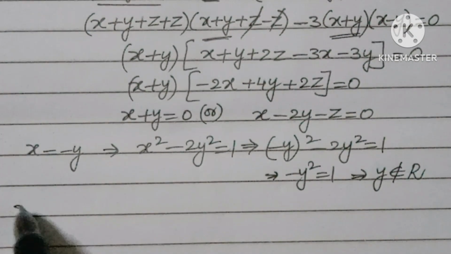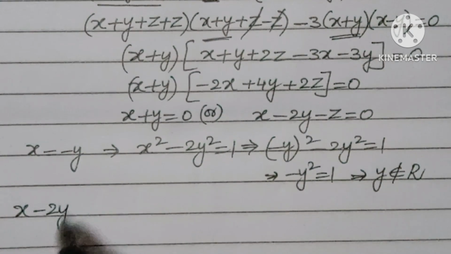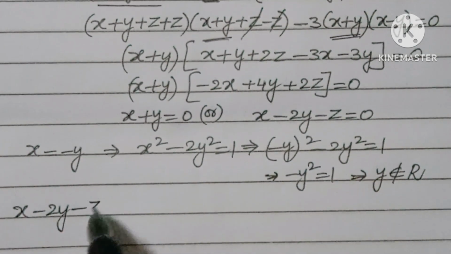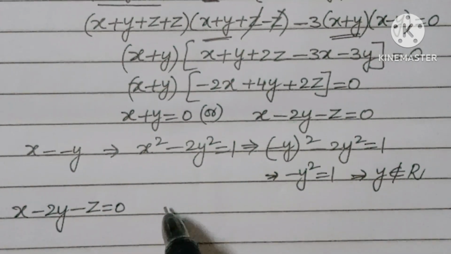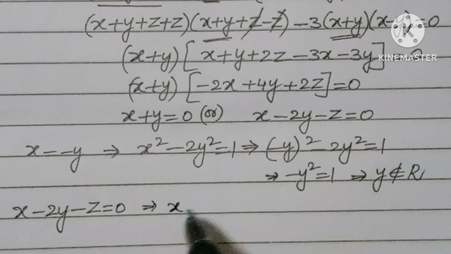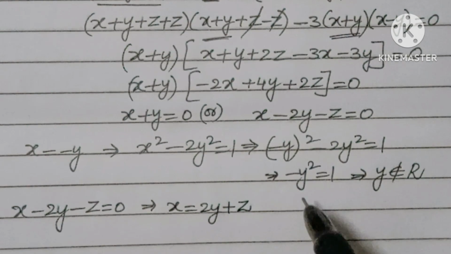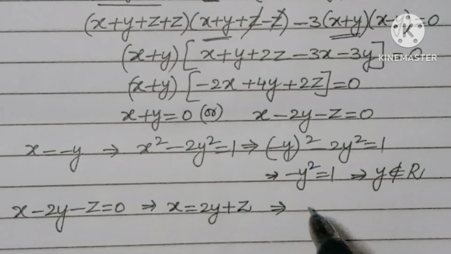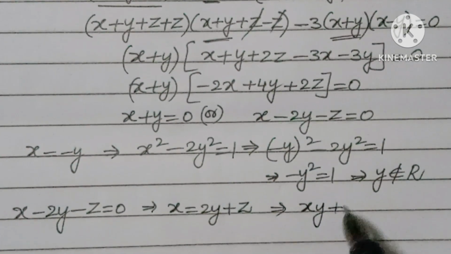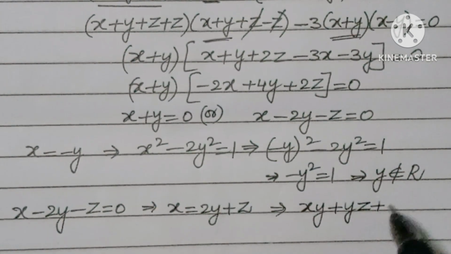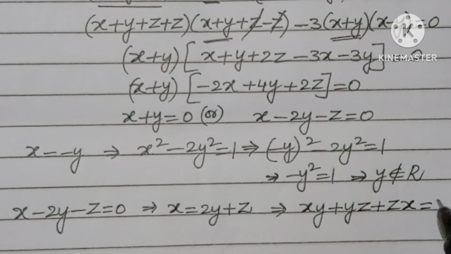Now if you take the second one, x minus 2y minus z equal to 0, you can write x is equal to 2y plus z. So replace in the third one, xy plus yz plus zx is equal to 1.